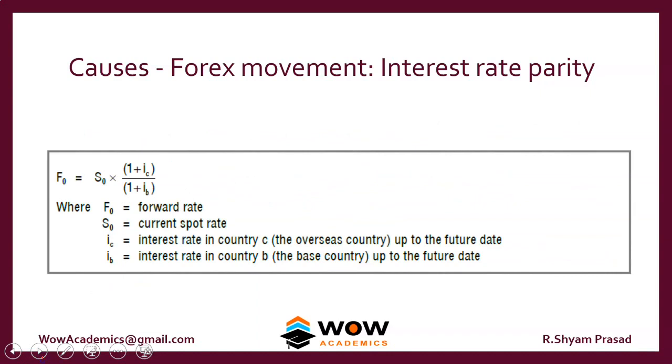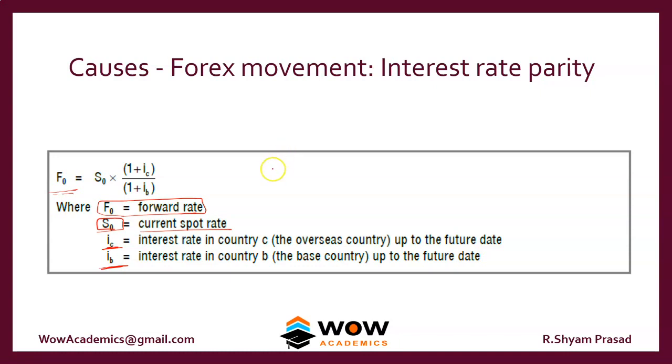So the formula works like this. F0 refers to the forward rate. So this is the rate which would be available in the future. The current rate is known as S0, and Ic refers to the interest rate of one country, and Ib refers to the interest rate of the other country.